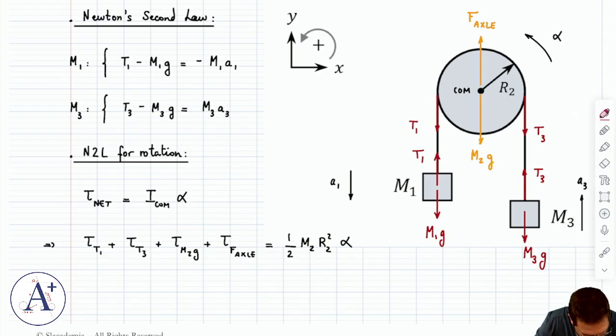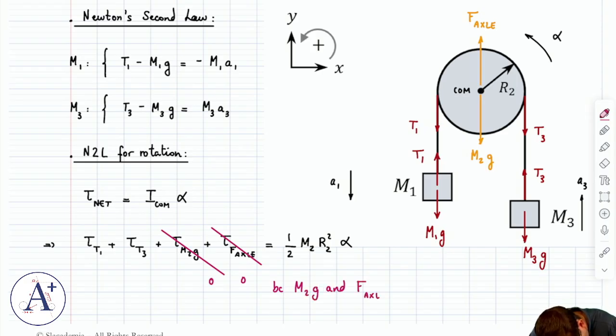But these two are going to be 0, because M2G and F axial are applied at the pivot, so there's no distance between the pivot and these forces, and they don't create a torque about this pivot.